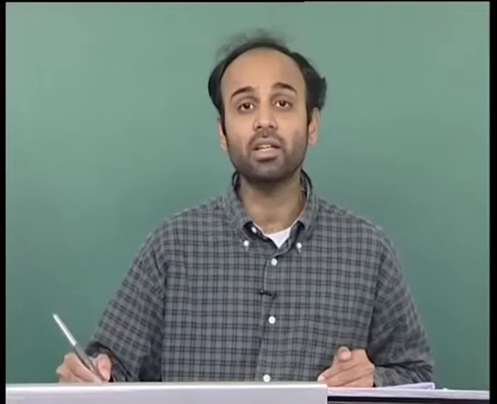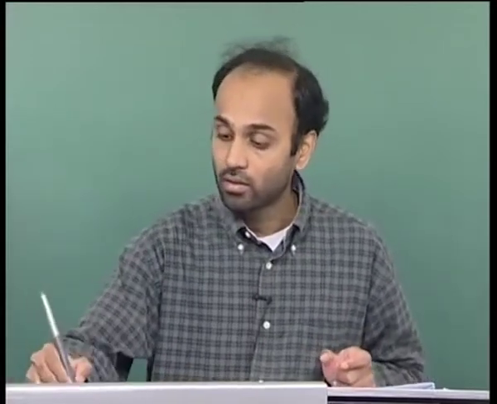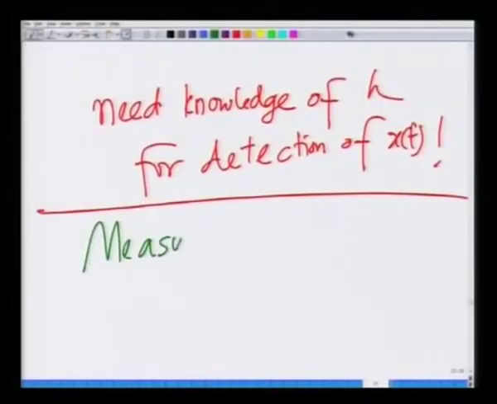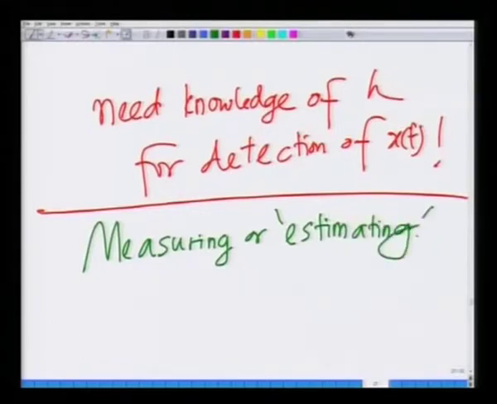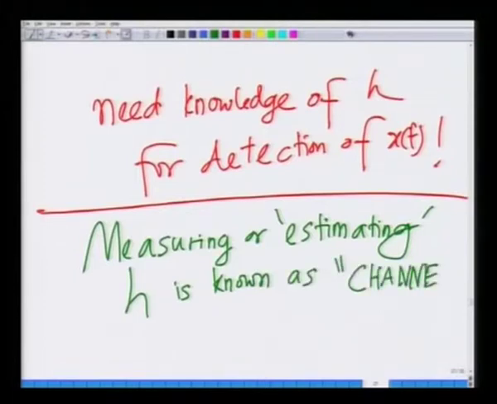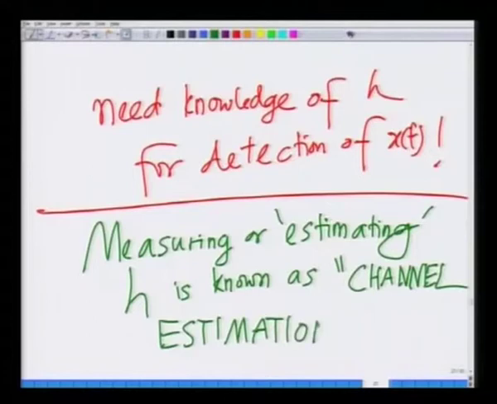This process of measuring h is a very standard procedure in 3G and 4G wireless communications. This procedure has a specific name: it is known as channel estimation. Hence, measuring, or in fact estimating, the channel coefficient h is known as channel estimation, and the technical word is estimating.